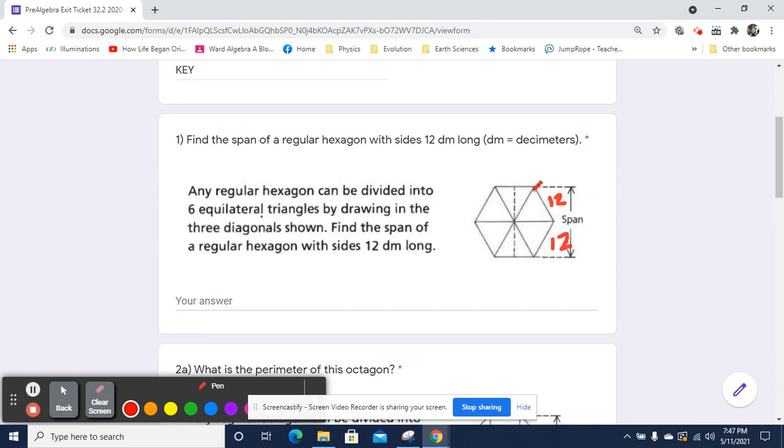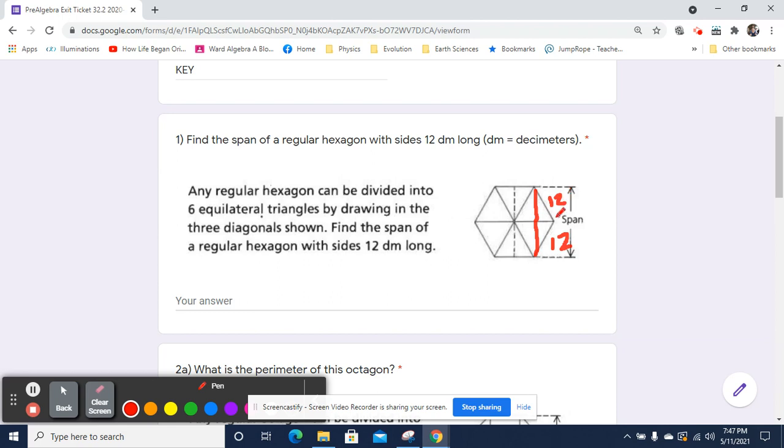But what we need is not the 12. We need those 2 altitudes. Now, when we split up that equilateral triangle here and here, each of them is split into 2 30-60-90 triangles. So what you need is this side, which is of course the root 3 side. That's not so bad.